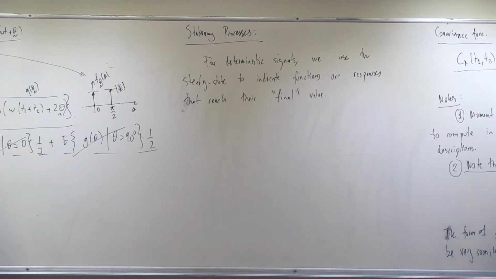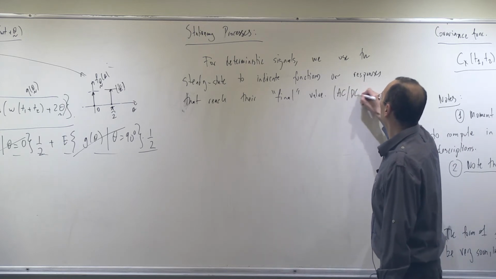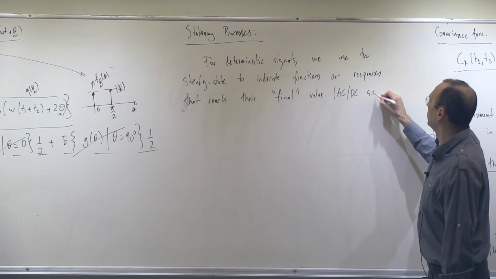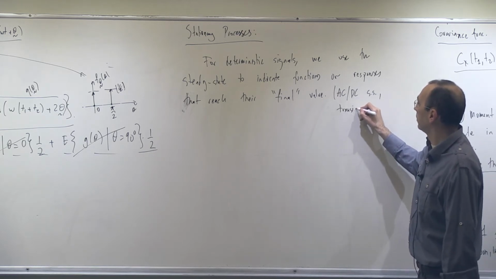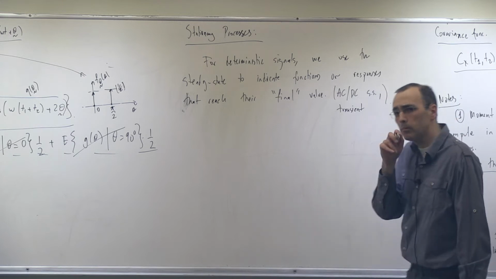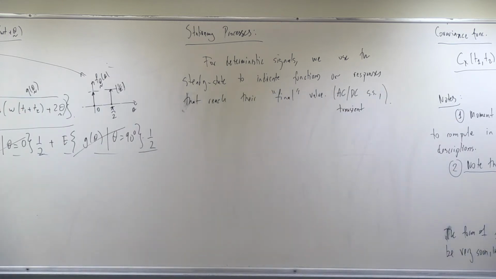Do you remember this? There is the concept of, for example, AC steady state, DC steady state. I don't want to define them again and again. Of course, there is something else, transient, etc. Transient is related with the initial conditions. So the system evolves from the initial conditions towards the steady state and so on.